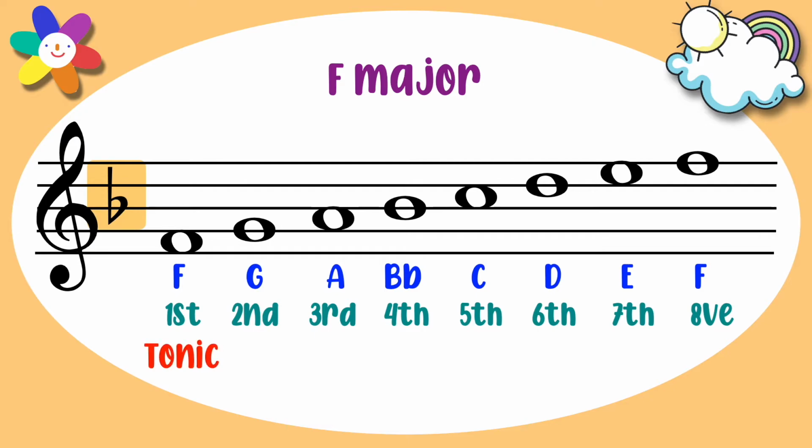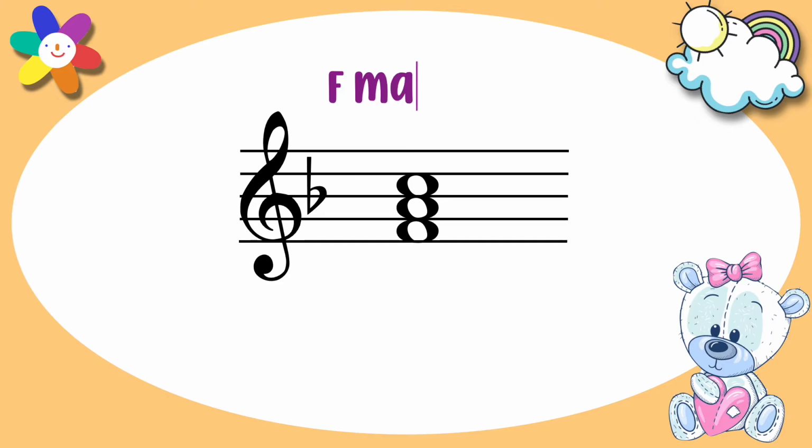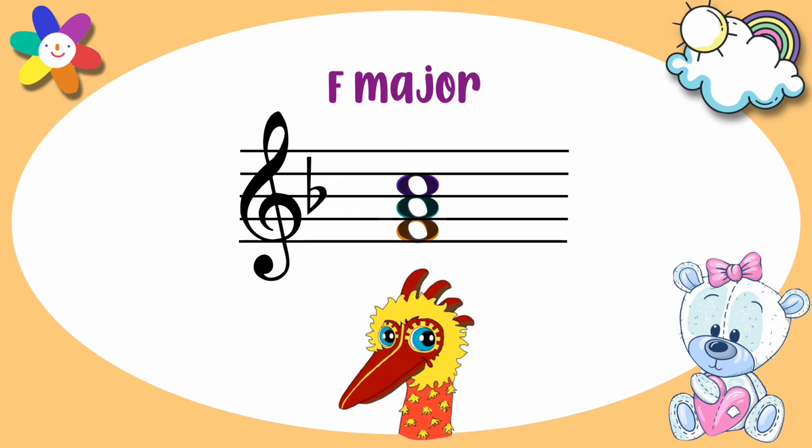Your tonic here is F, the first note. The third degree above the tonic is A, and the fifth degree above the tonic is C. Here you have your F major tonic triad. F, A, C. Tonic triad for F major.